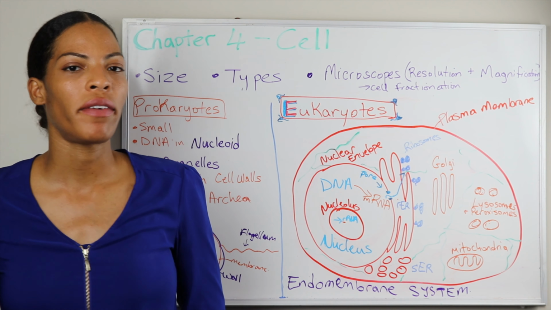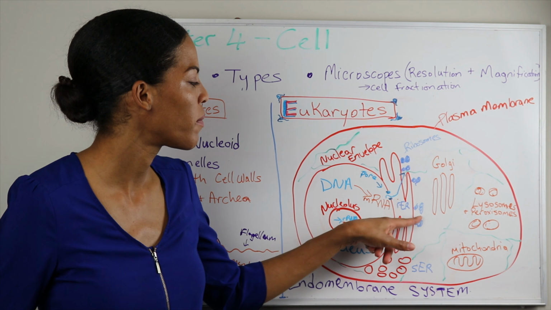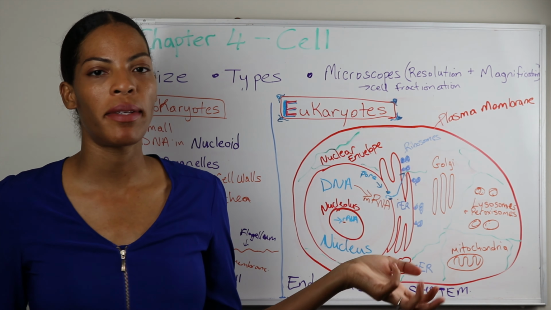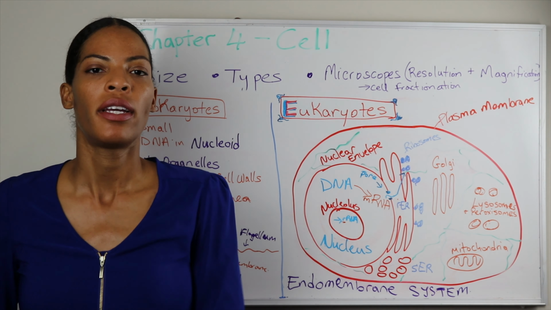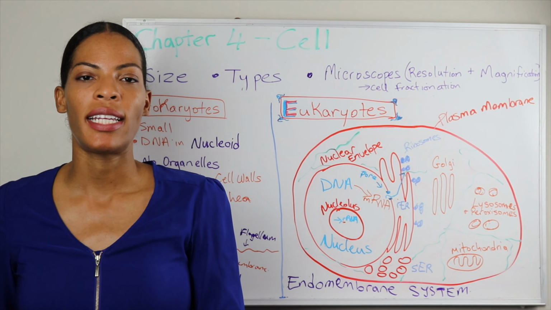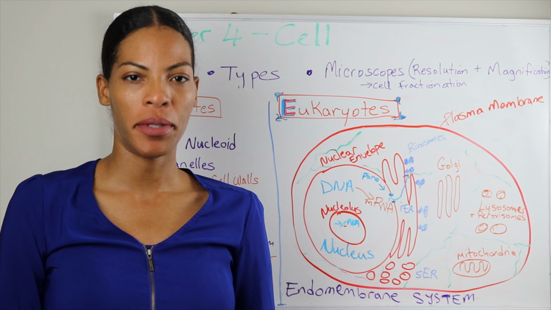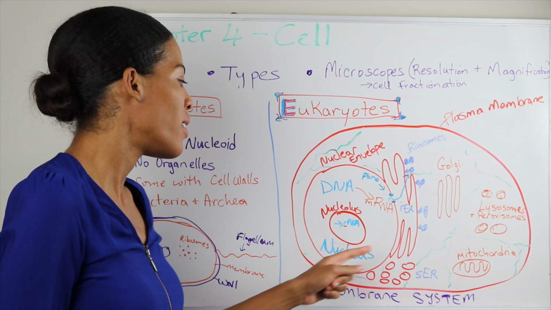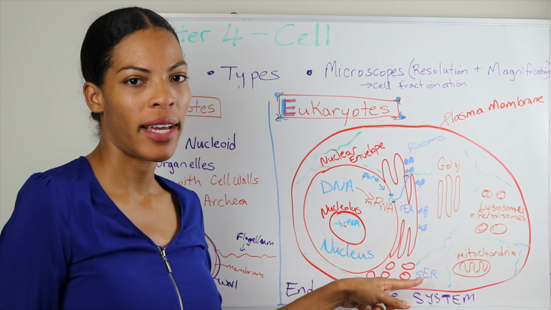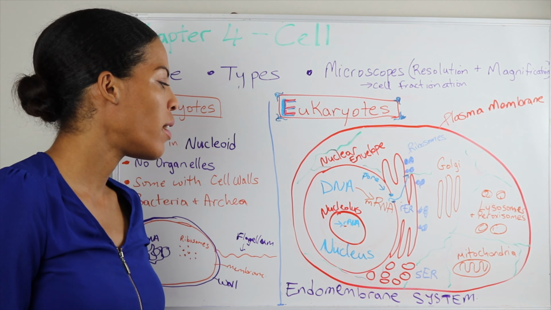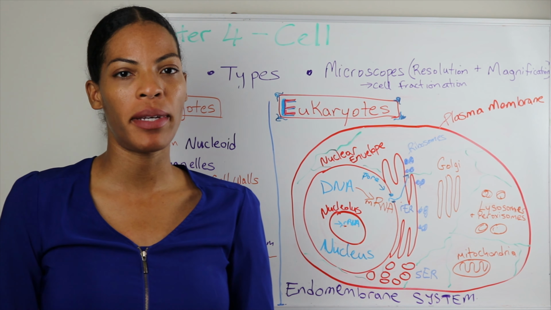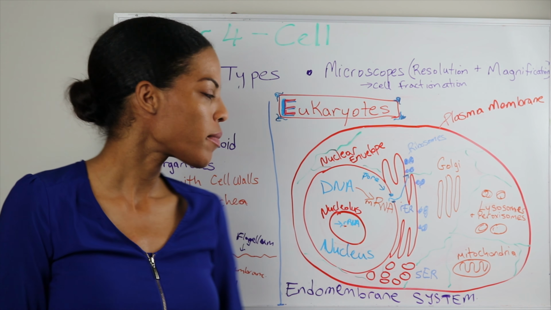In the rough ER, what do you see here? These are ribosomes. On the rough ER, you have ribosomes attached, and this is where proteins are produced. On the other side is the smooth ER, or SER. The smooth ER is where your lipids are produced.